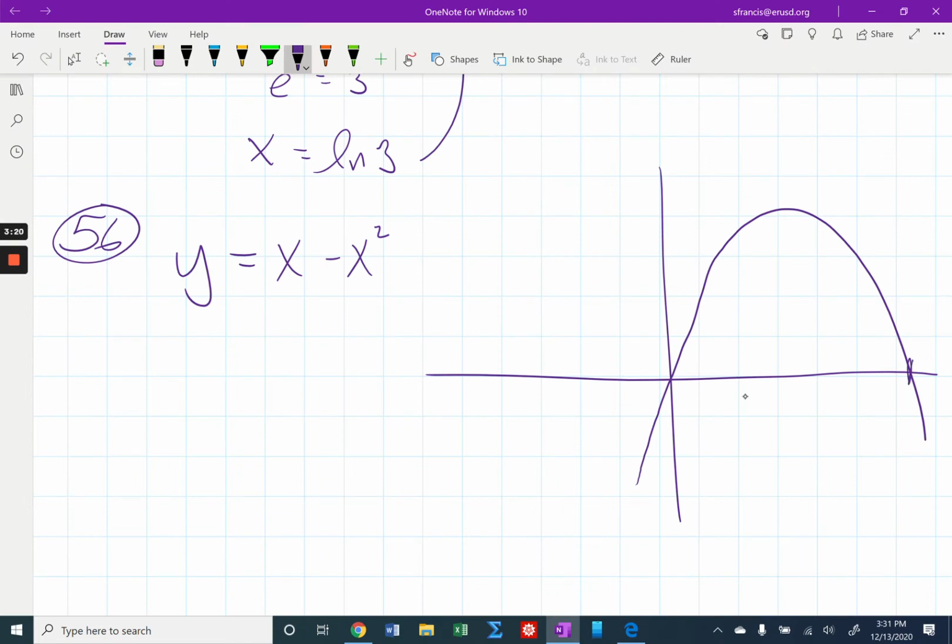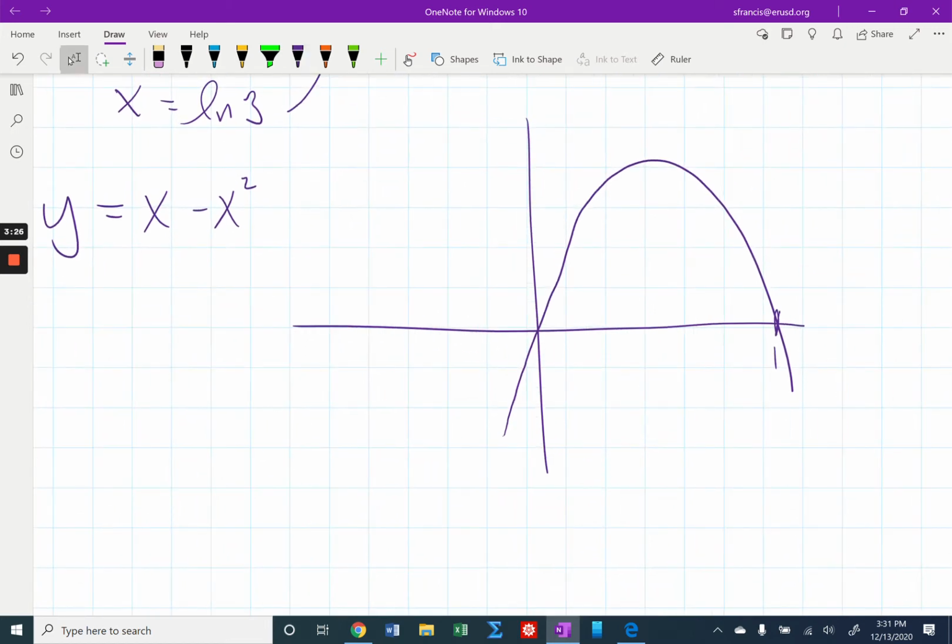So this must be (1, 0) way over here because it goes through (0, 0). Now, if you imagine a tangent line to the curve right over here at (1, 0), and then the normal line, which is perpendicular to it, going over here, it's going to intersect the curve a second time. This is what we're trying to find. We're trying to find that point.